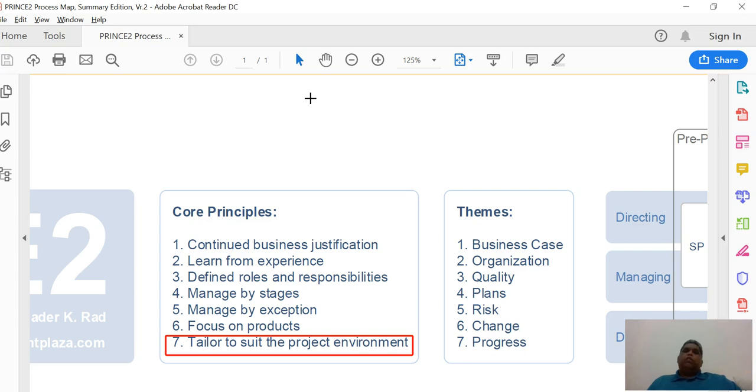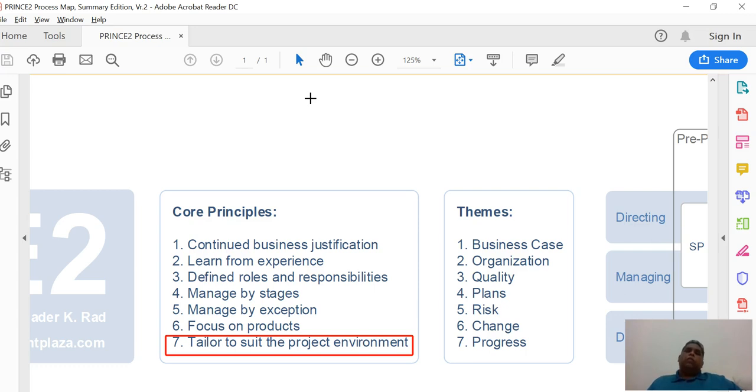Now, if you are working on a project that is not a large size in terms of budget or scope or timelines, you might decide to combine certain roles within the PRINCE2 framework. Let's say you might say the role of the project support and the project manager would be done by one single individual.